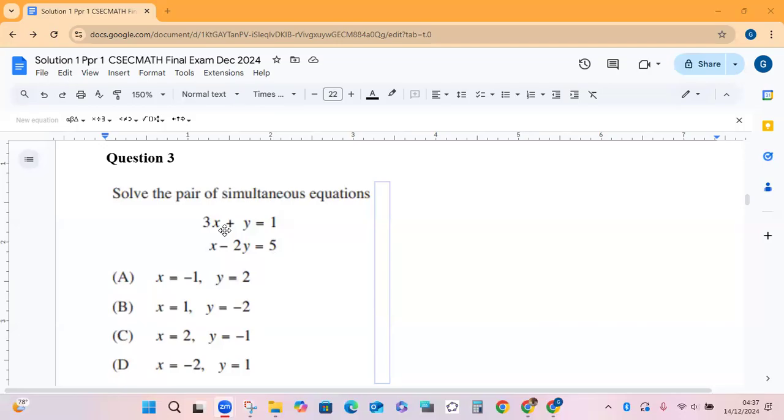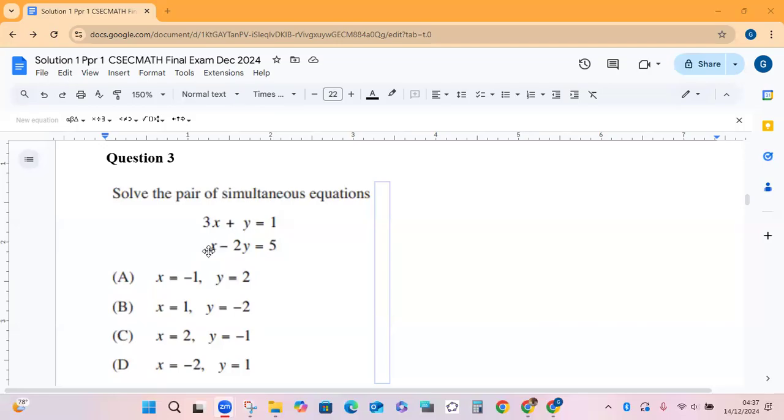The substitution method has a few specifications for it to work better. For substitution to work well in a setup like that, one of the coefficients must be 1. There must be a 1 in front of one of the letters, meaning you do not see a number in front of one of the letters.